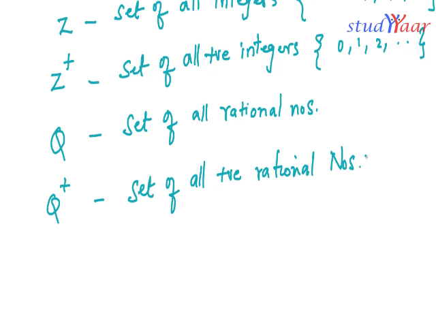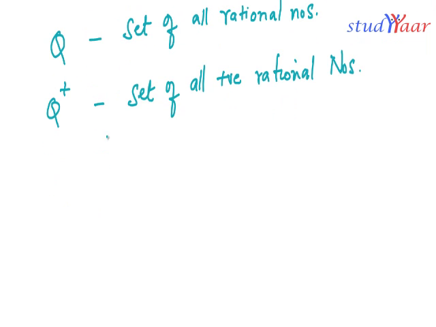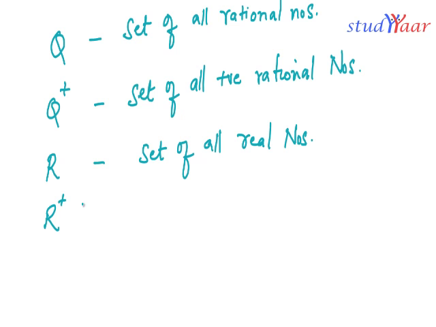Similar to the concept of rational numbers, we have the set of all real numbers and the set of all positive real numbers.